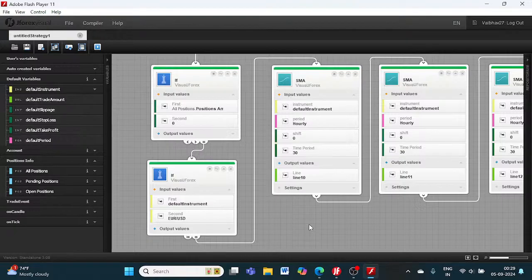So here we will stop for the day. We have brought in these indicator blocks, we have brought in these logical blocks, and in the current session we will be stopping here because defining the conditions which need to be in place for the execution of the trade will take time, and we need to explain it in detail.